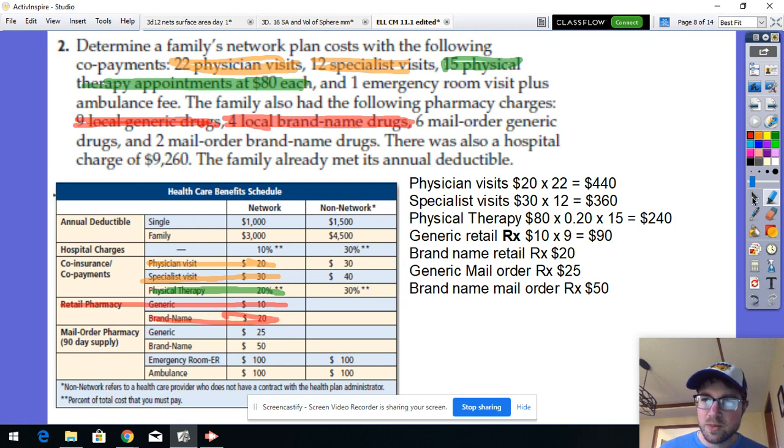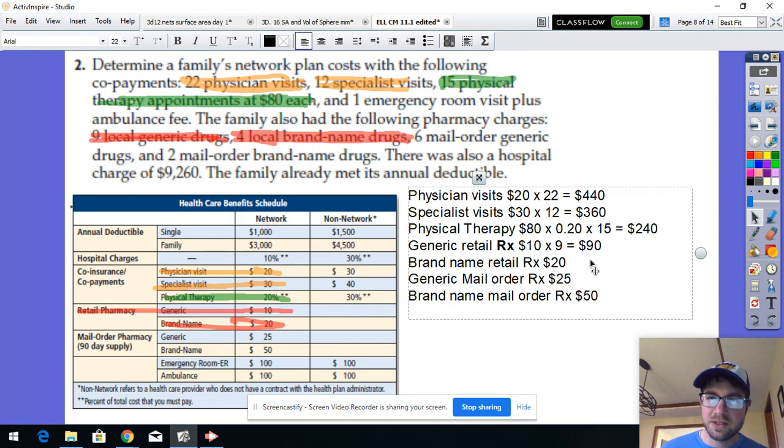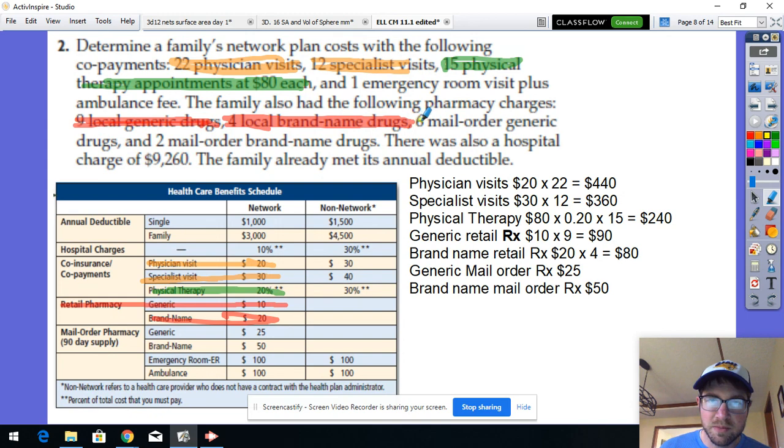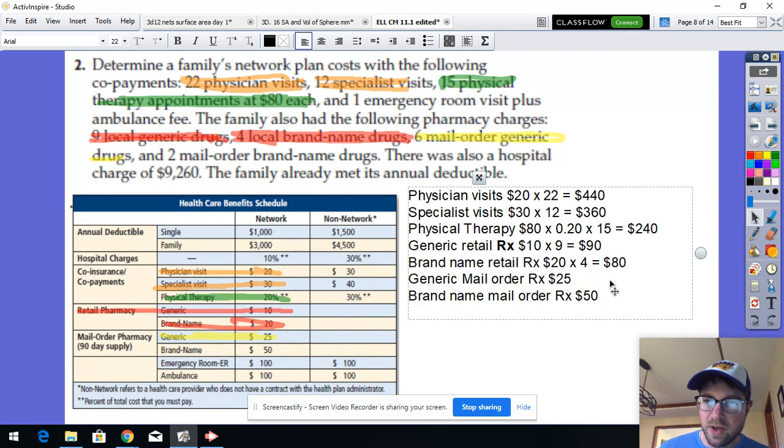4 local brand name drugs, so $20 times, how many? 4? That's 80. And generic mail order, there's 6 of them, 6 generic mail order drugs. They're $25 each. So $25 times 6 is $150.